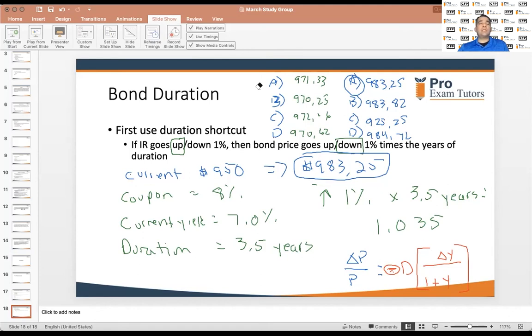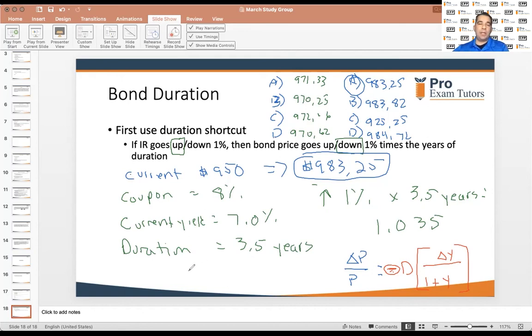Yeah, that one right there is in there because this shortcut is telling you how it works: interest rates go down 1%, your bond price goes up 1% times the years of duration, and that gives us 3.5. What it's saying is, increase the price of the bond by 3.5%.